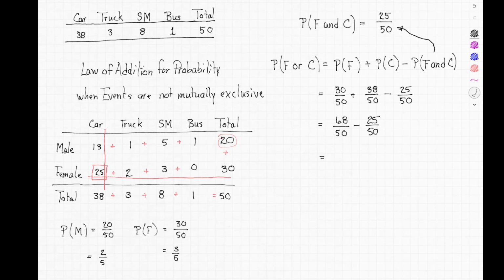And so that's going to be 43. So the probability that someone is female or drives a car is 43 out of 50. And that is how you deal with the law of addition for probability when events are not mutually exclusive. Thanks for watching.